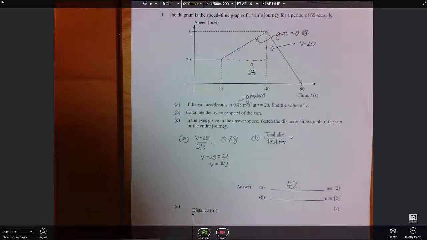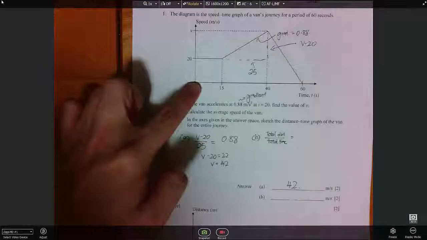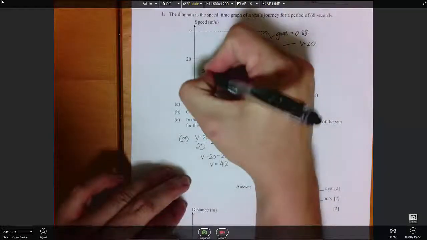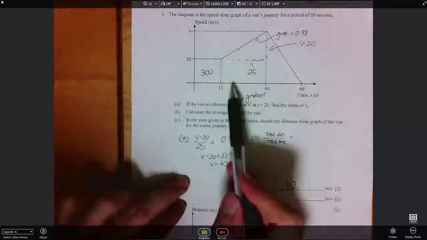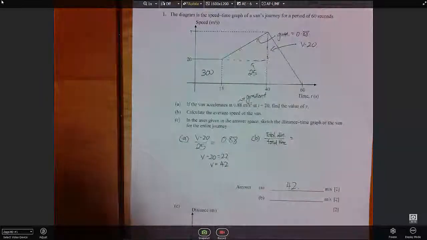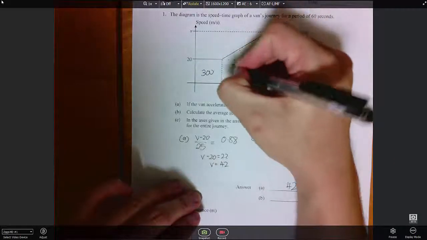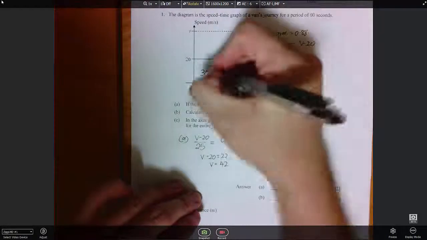In this case, for this part, 20 times 15 will give me 300. This portion here is a trapezium, so we have (a plus b) over 2 times height. So it's (20 plus 42) divided by 2 times the height of 25. This portion here will be 775 meters.